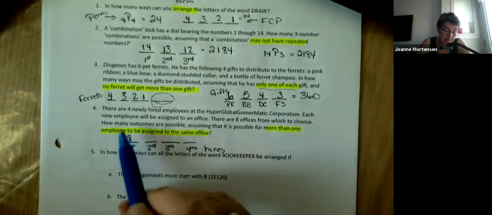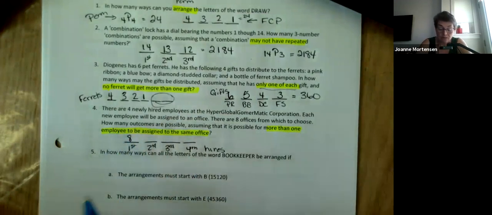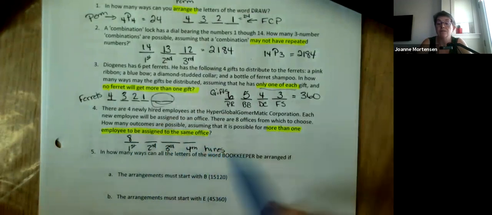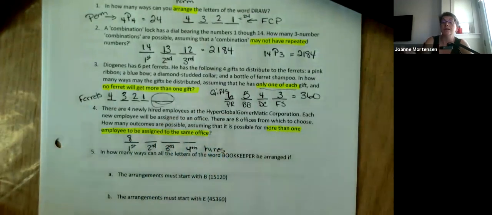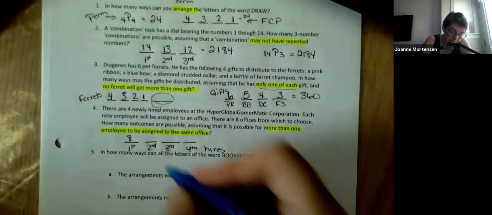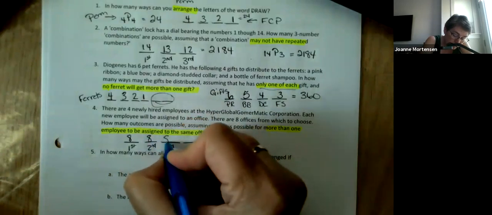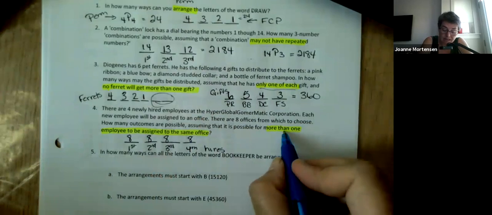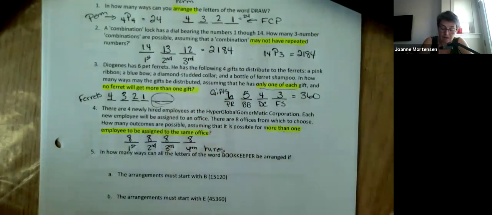Well, this question I put in here because it's cool. Because you could have more than one employee in the same office, which means when the second guy goes to get his office or her office, she could say, I want to be in his office. So it could be in the same one. So 8. The same reasoning all the way through. And that's just because of this phrase.